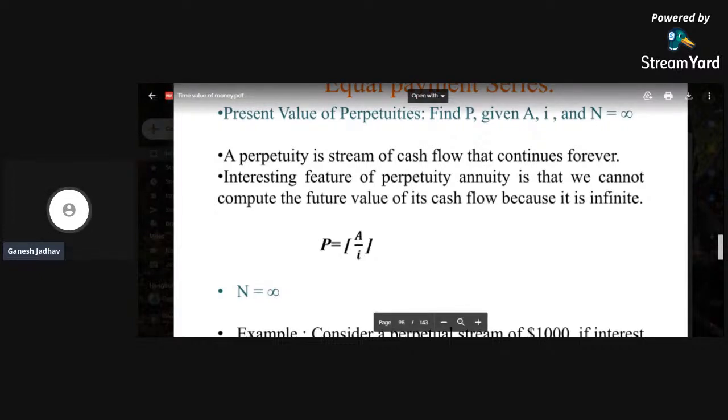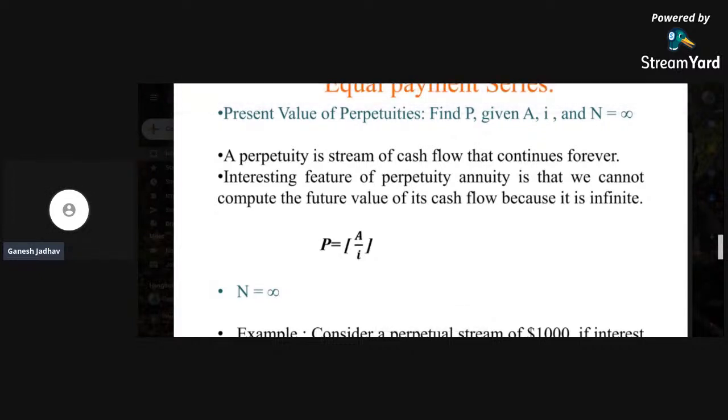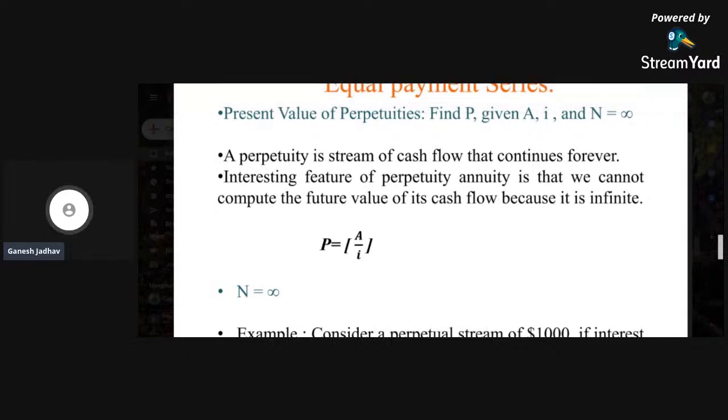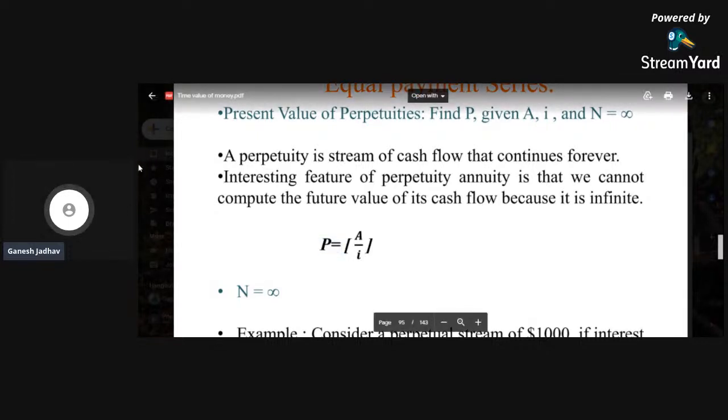An interesting feature of the perpetuity is that we cannot compute the future value of its cash flow because it is infinity.